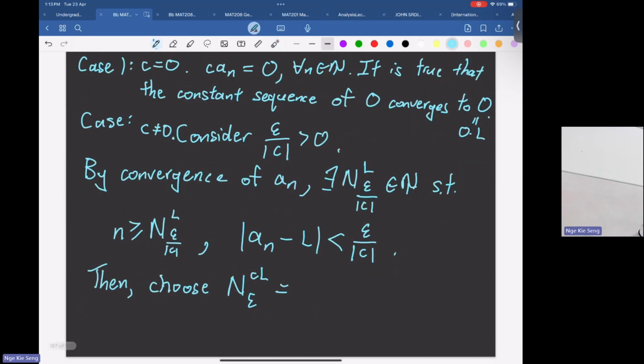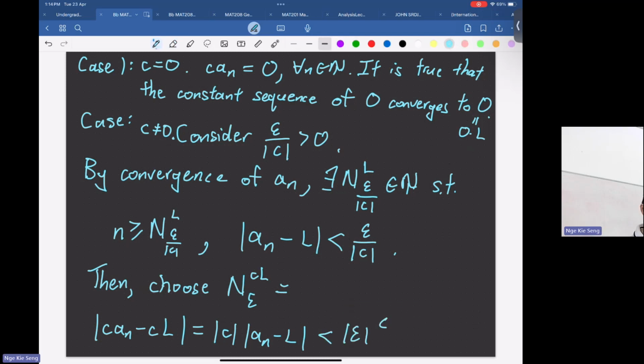So let me bring the working down here. |C a_n minus C L| equals the absolute value of C times |a_n minus L|, which is less than the absolute value of C times epsilon over the absolute value of C, which is equal to epsilon.